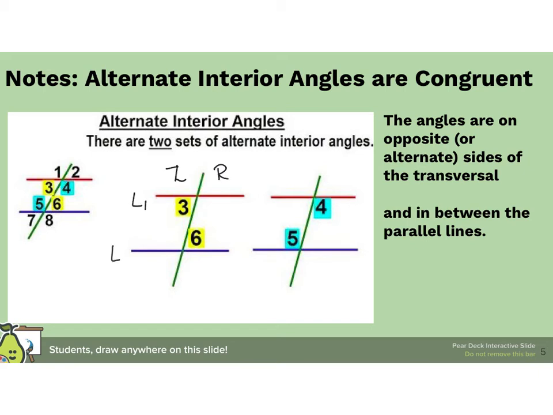So if this is line 1 and line 2, see how they're in between those lines? So those are alternate interior. And then the other set is on the other side. So this is the left side and the right side of the transversal. So this one is on the right and this one's on the left. So those are your alternate interior. So they're in between the parallel lines.